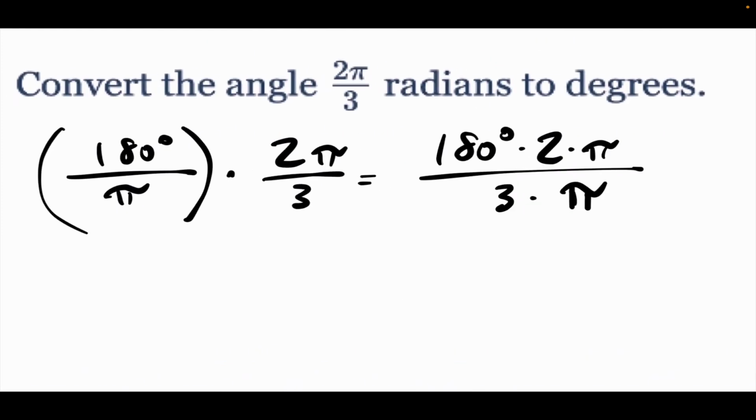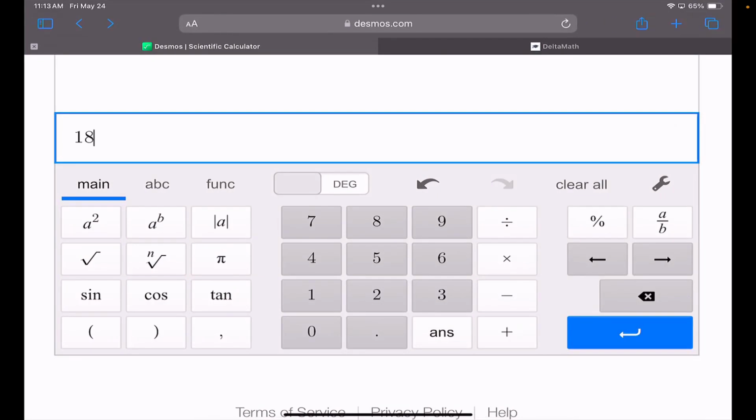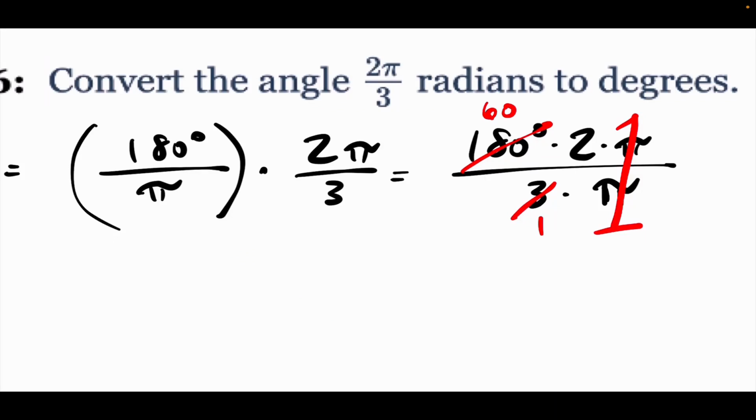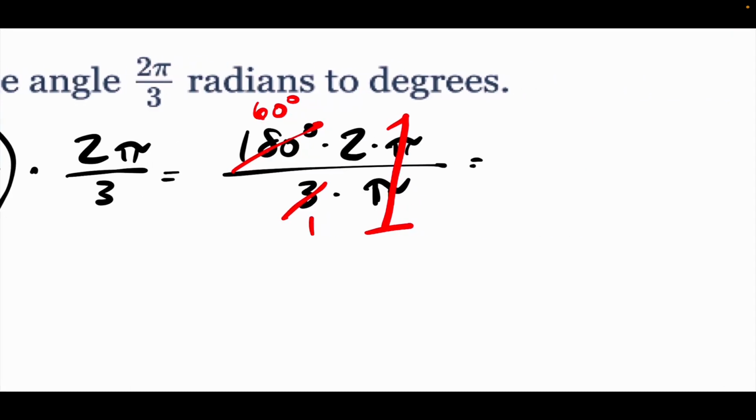So let's reduce. Since it's all multiplication on top and all multiplication on bottom, I can reduce. Pi's go away. 3 goes into 180. 3 goes into 3 once. 3 goes into 180 60 times, so that's going to change to 60 degrees. So on top, I have 60 degrees times 2. That's 120 degrees. On bottom, I just have 1. You're done.